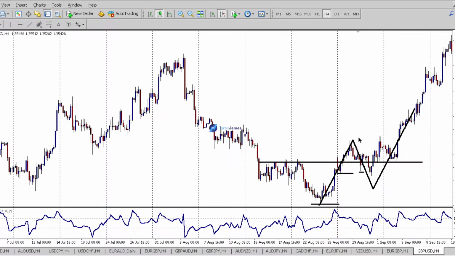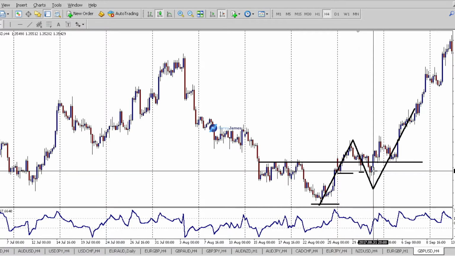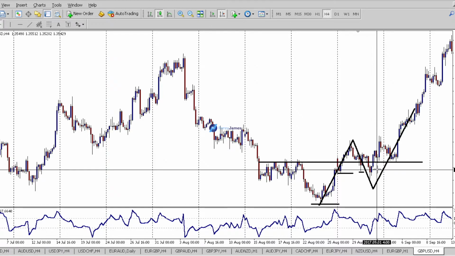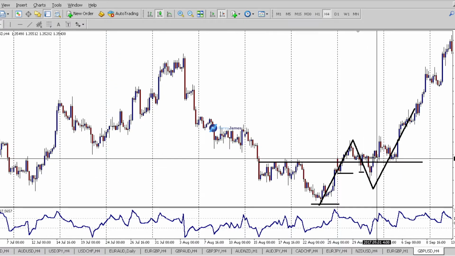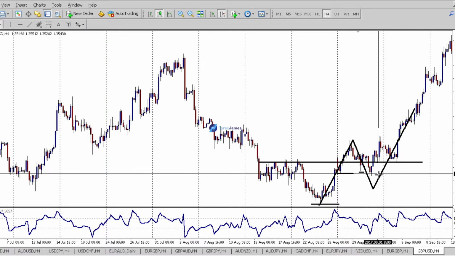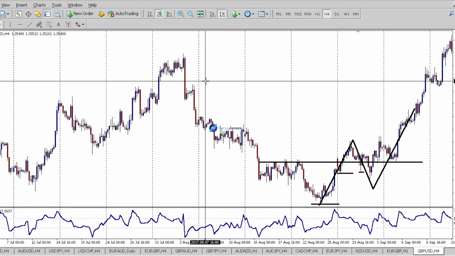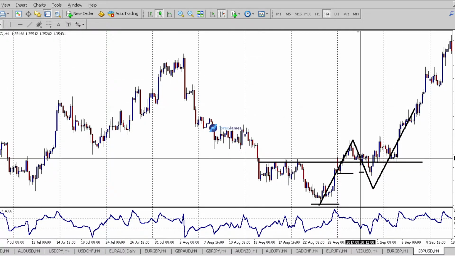Okay, of course, I'm not telling you to use, you don't have to use such a wide stop. So in this case, what I would usually do is look for some sort of price action around here so that I could place my stop loss just below this point. All right, I hope you guys get what I'm saying here.